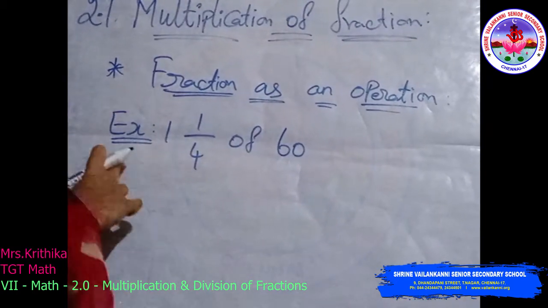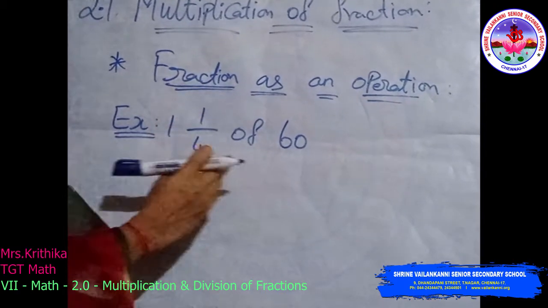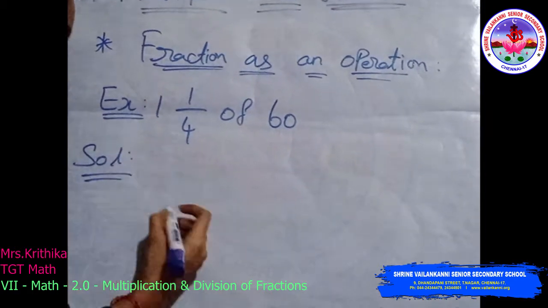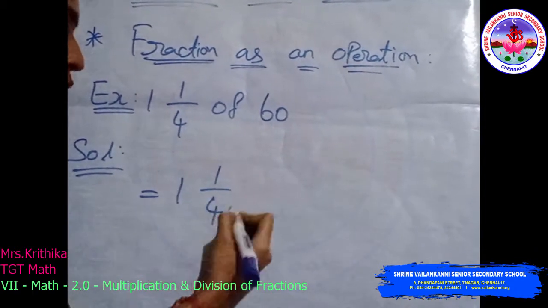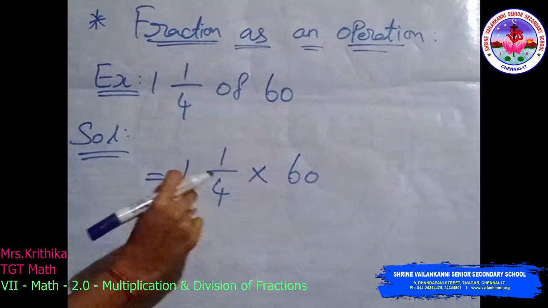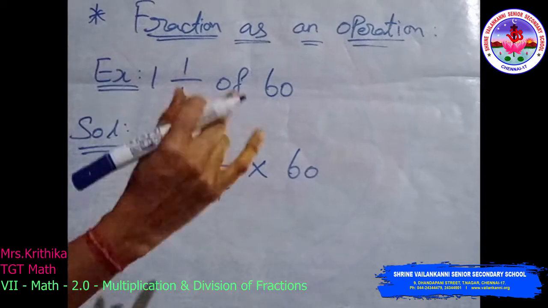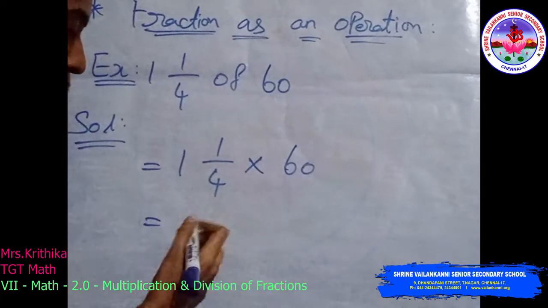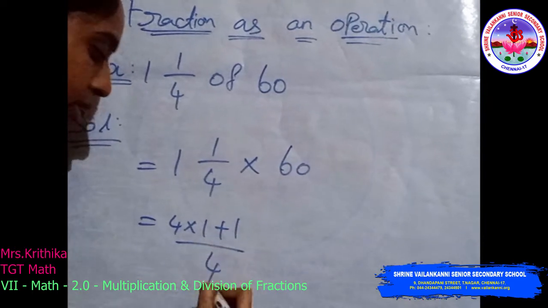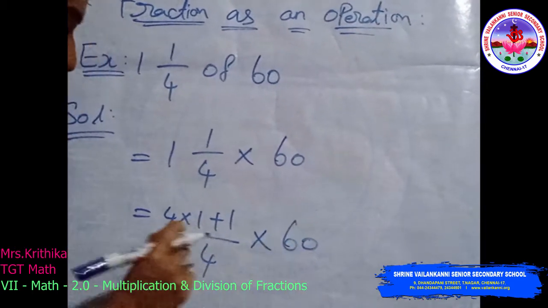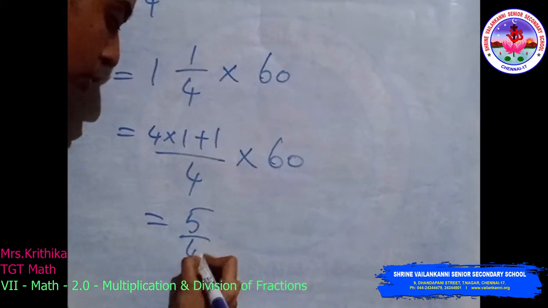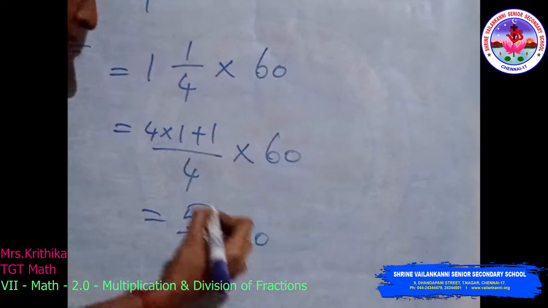The next example is 1 1 by 4 of 60. Solution: 1 1 by 4 of means multiplication into 60. First you convert the mixed fraction into an improper fraction. 4 into 1 plus 1, divided by 4, into 60. 4 1s are 4, plus 1, 5. 5 by 4 into 60.